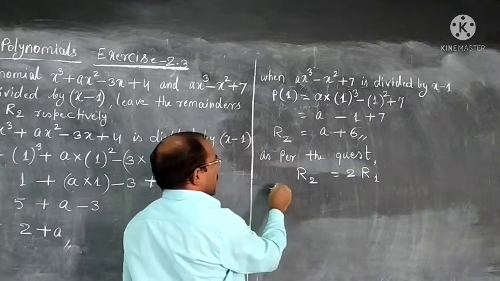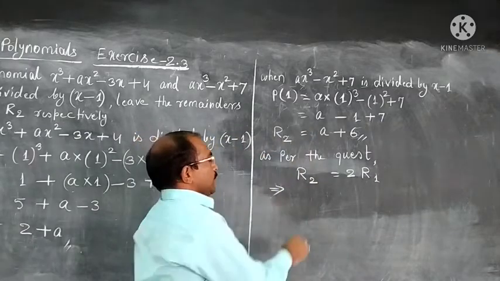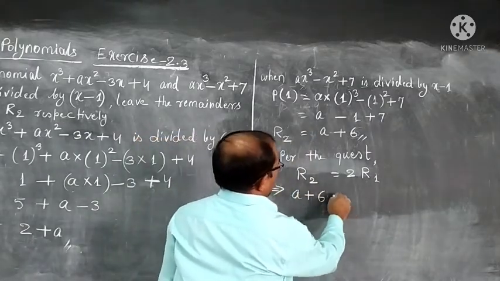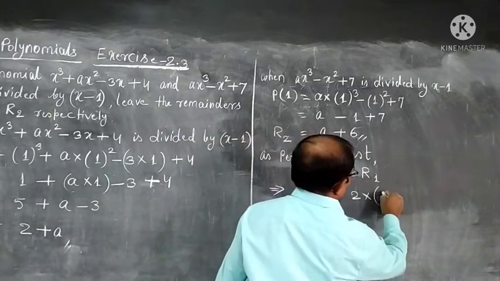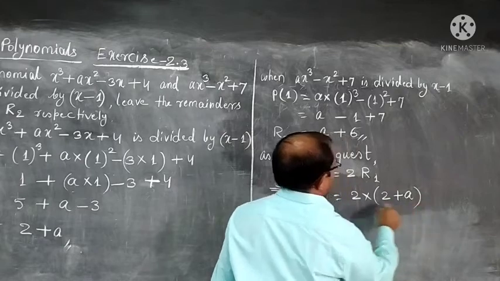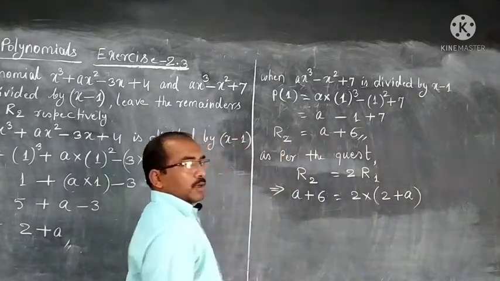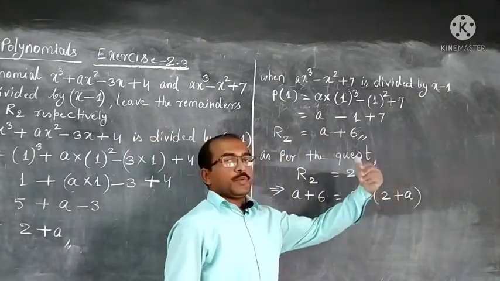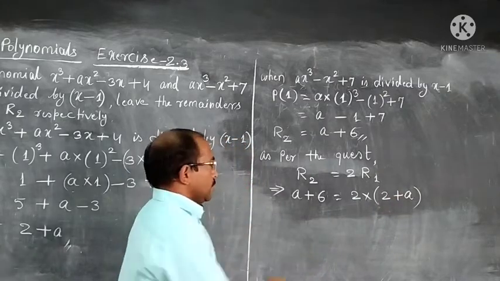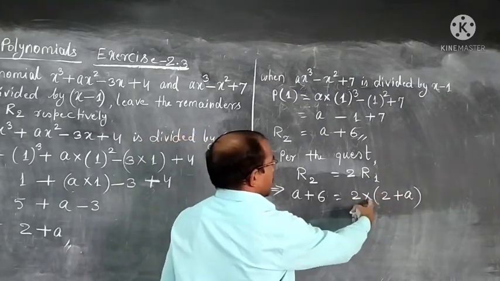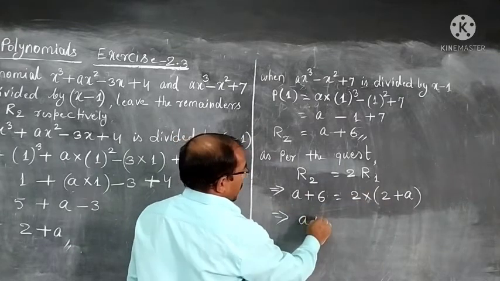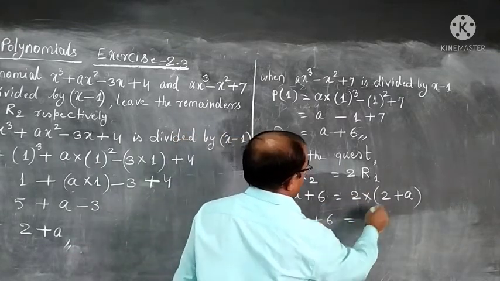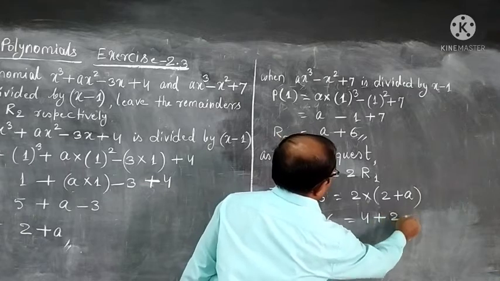That means the second remainder, A plus 6, is equal to 2 into the first remainder, 2 plus A. It is a binomial, so we use a bracket here; otherwise, it would be only 2 into 2 and plus A would be separate. So, be careful when you use something in multiplication or division or subtraction. So, here A plus 6 equals 4 plus 2A.